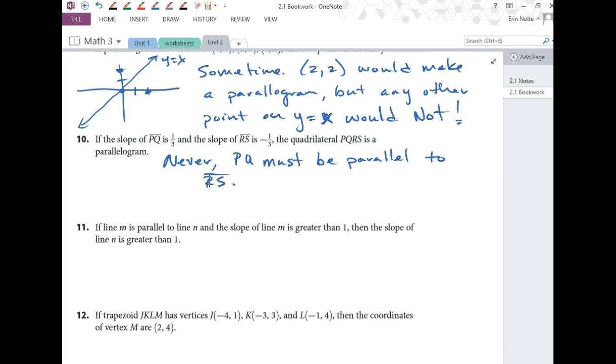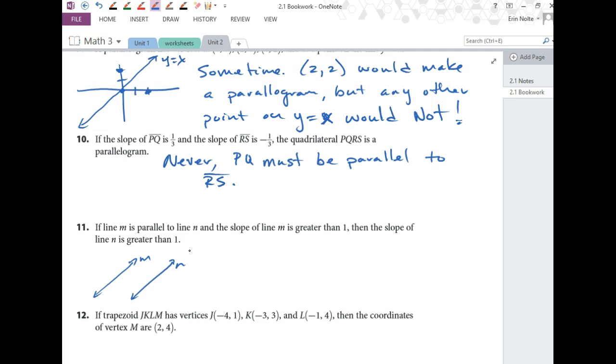Okay. If line M is parallel to line N, let's draw a picture. Here's M, and here's N, and the slope of M is greater than 1. So what does it look like if it's greater than 1? Positive, right? So it's going this way. Then the slope of N has to be greater than 1. Always? Sometimes?